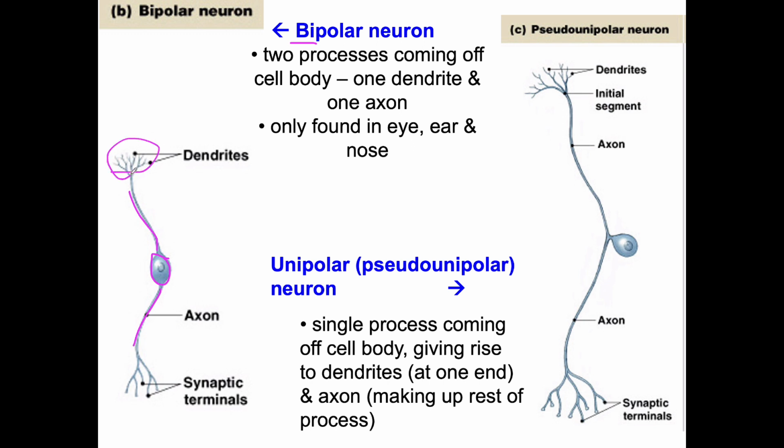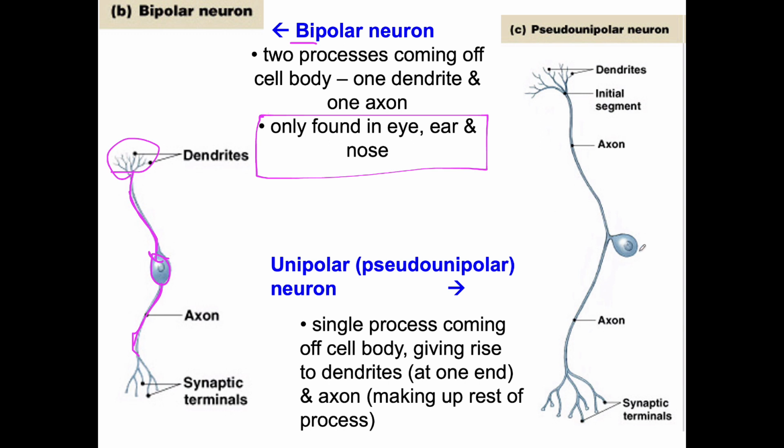You've got the dendrites sending an incoming signal to the cell body and then sending that signal down an axon. Bipolar neurons are specialized. They are only found in your special senses: eyes, ears, and nose. You're going to see these types of cells in the next lecture on special senses.